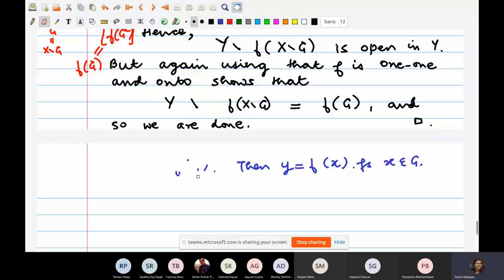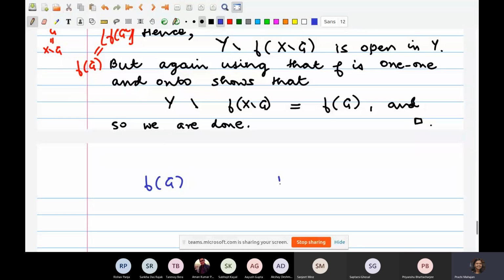Okay, so let's just analyze sets if that makes you more comfortable, as this looks rather technical. Let's look at this set, the image of G under the map f, and the image of the complement of G under the map f, right? Now, these are two subsets of Y. Everybody agrees?